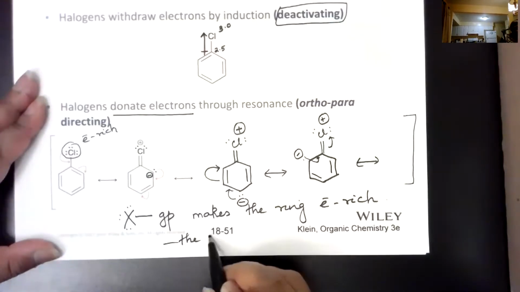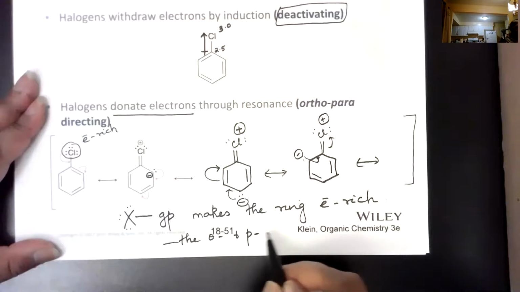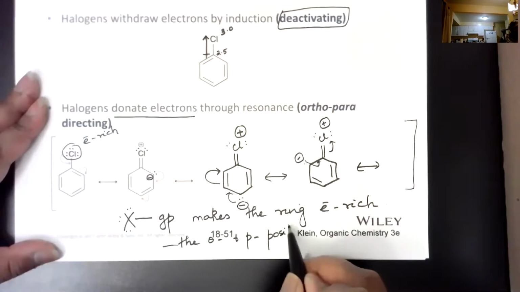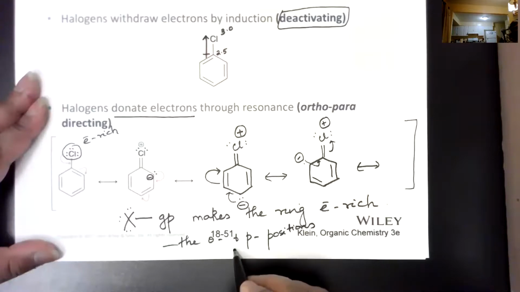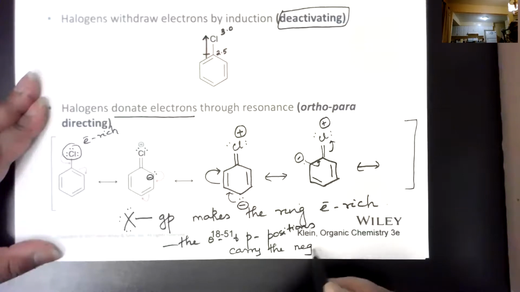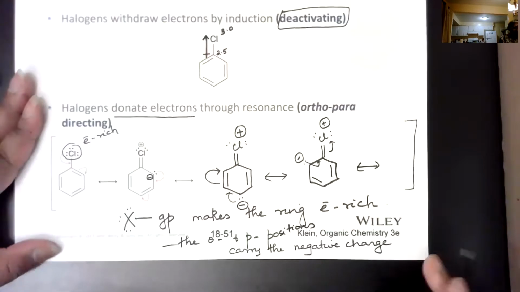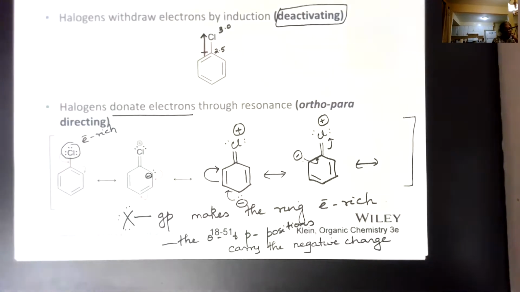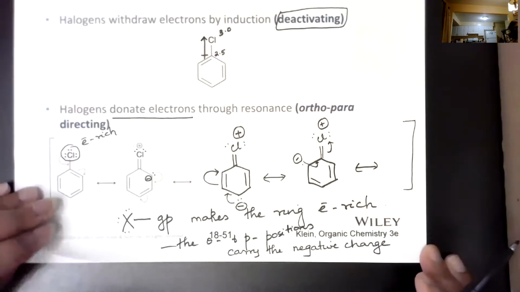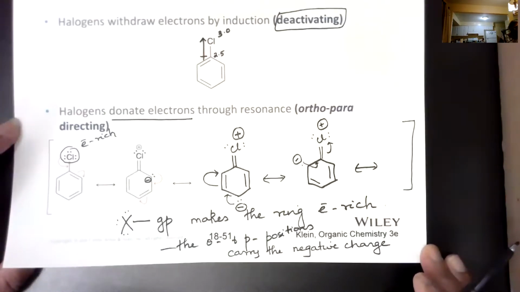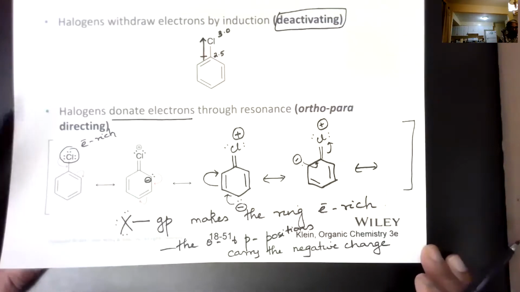The ortho and para positions carry the negative charge. Okay, the ortho and para positions carry the negative charge, but they are deactivating. We need to classify them as deactivating because of their electron withdrawing power. Okay.